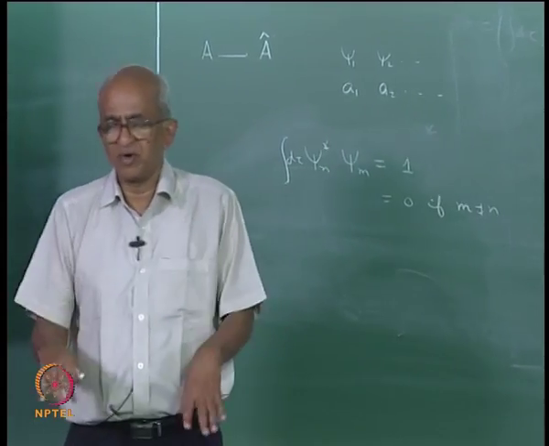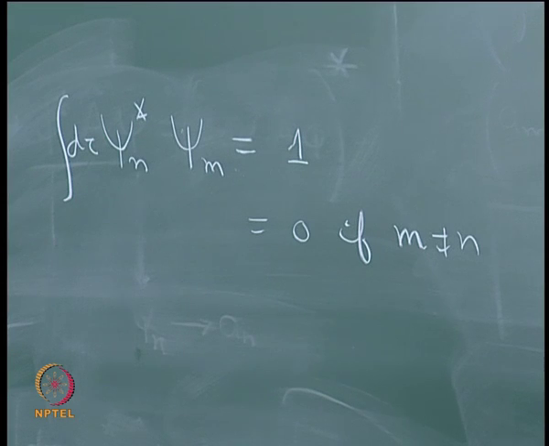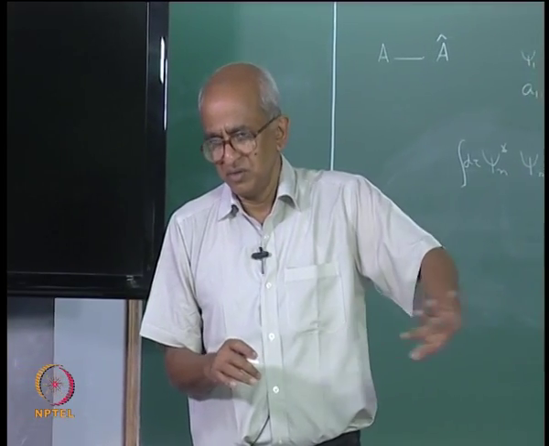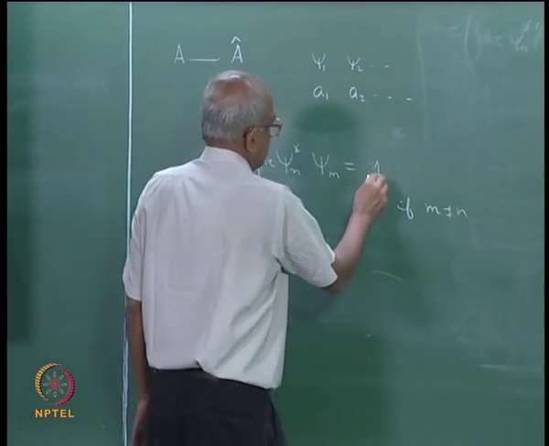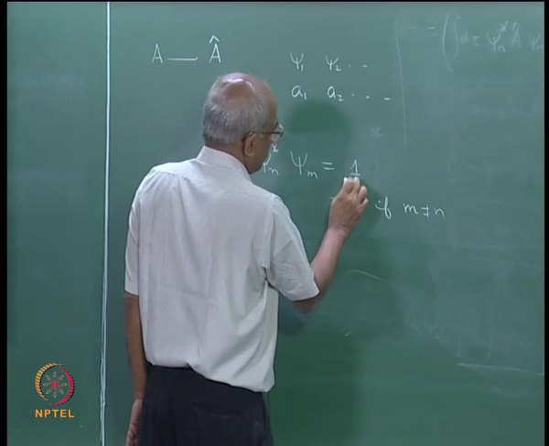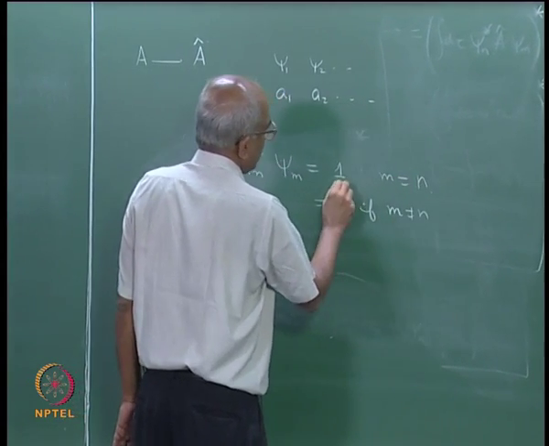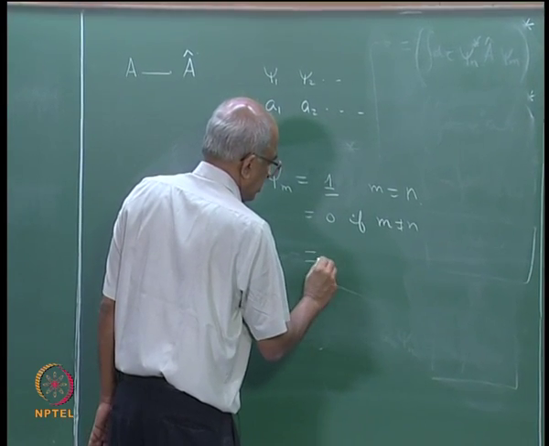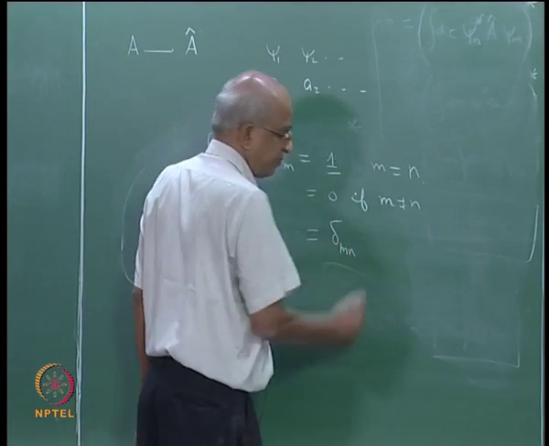I have already performed this normalization business. So, each function is normalized, and each function I will assume is orthogonal to the remaining functions. So, this is an object which, if m is equal to n, gives 1, and if m is not equal to n, gives 0. This usually is written as delta mn.